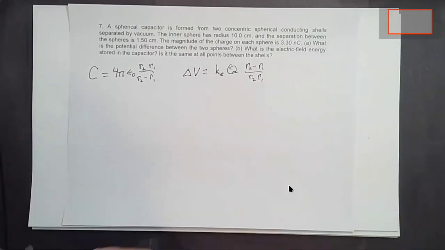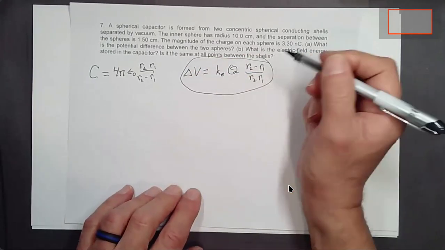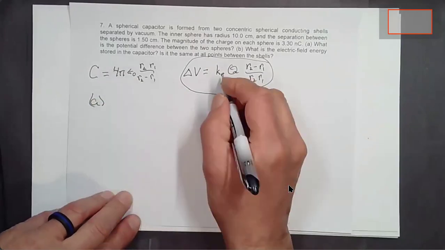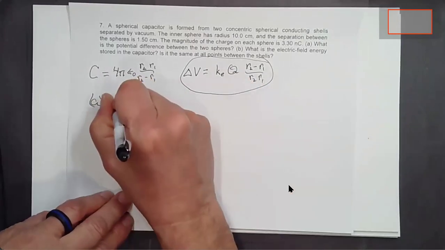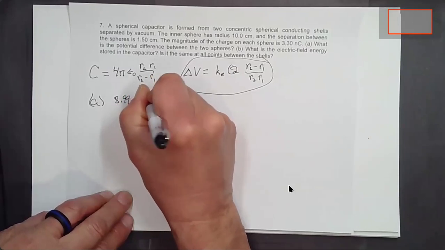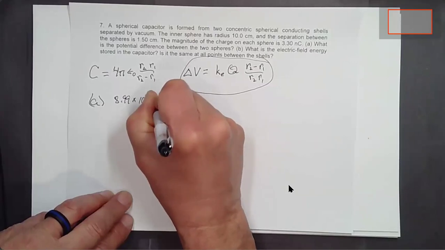So let's see what we need. What's the potential difference between the two spheres? Oh, well, good. We do need this expression. So for A, K sub E is 8.99 times 10 to the ninth newton meters squared per coulomb squared.